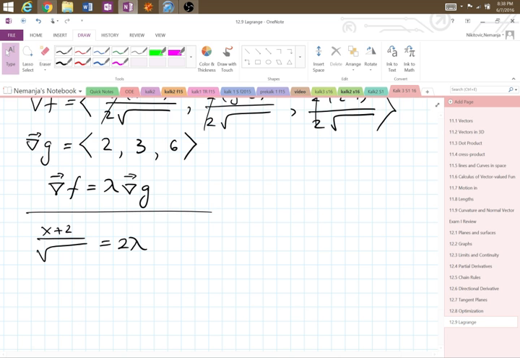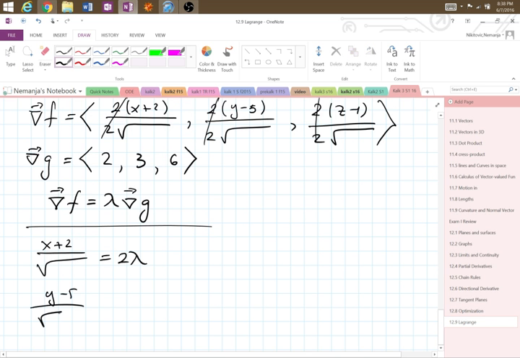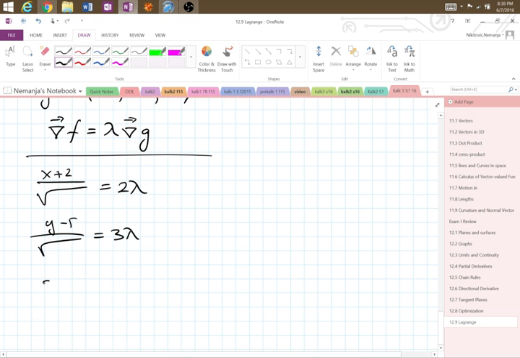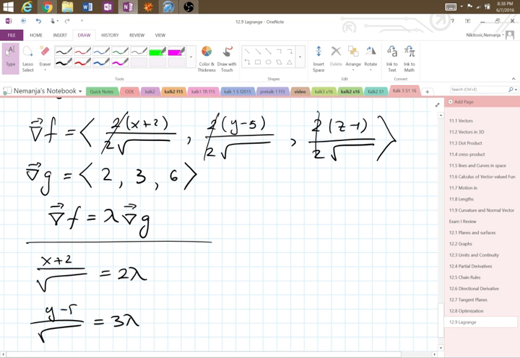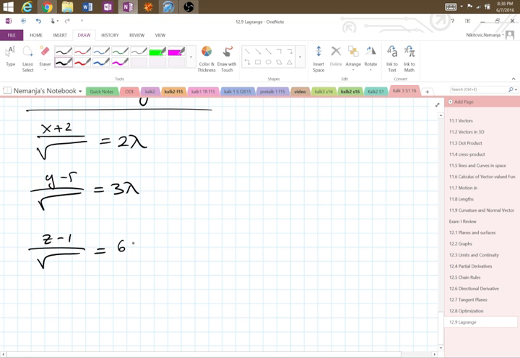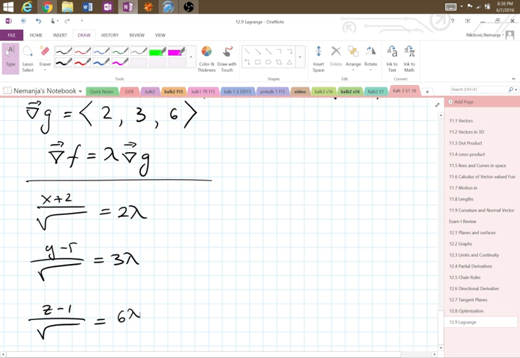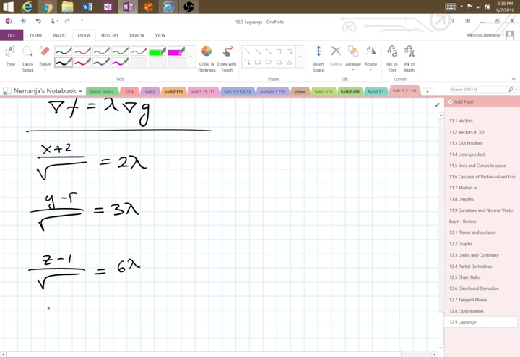Next equation, y minus 5 over the square root is equal to 3 lambda. And z minus 1 over the square root is equal to 6 lambda. And we have our constraint equation g: 2x plus 3y plus 6z equals 10. There we go.